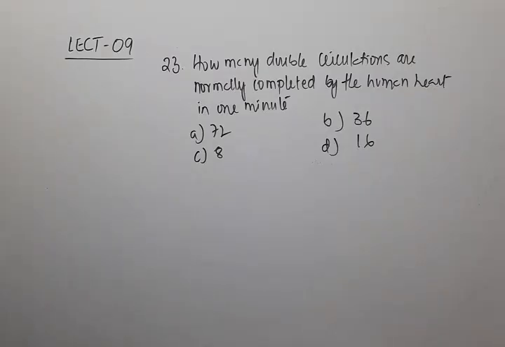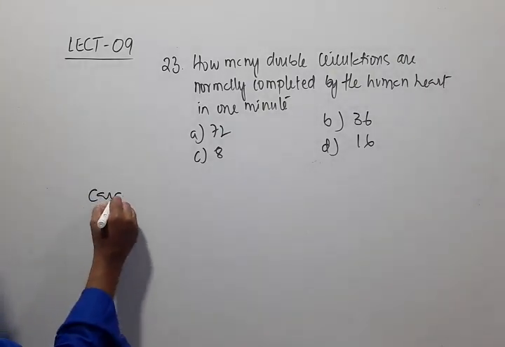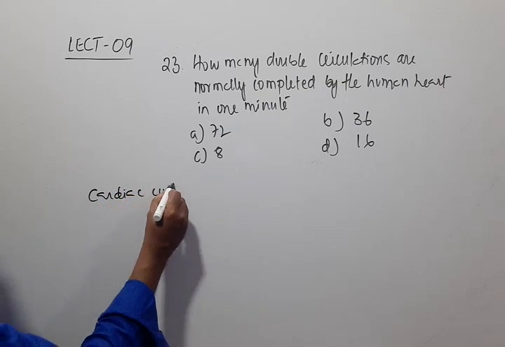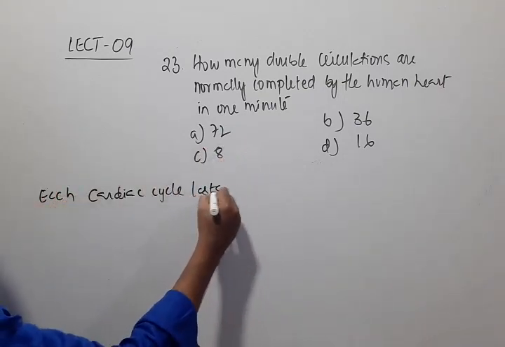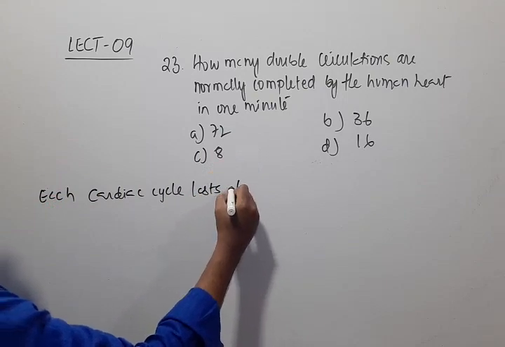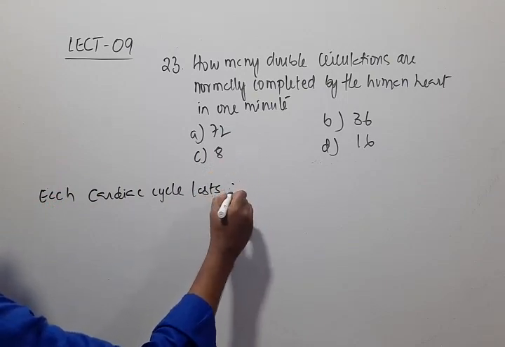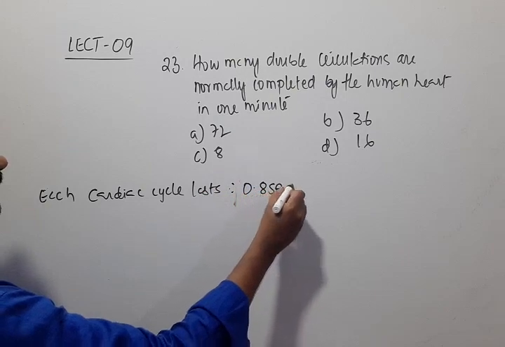So the next question: how many double circulations are normally completed by the human heart in 1 minute? Okay, so now let's see it. We know that each cardiac cycle lasts about 0.8 seconds.